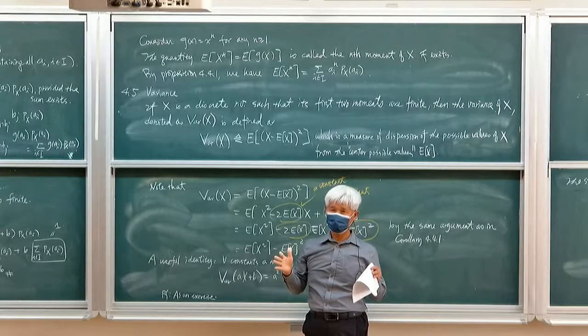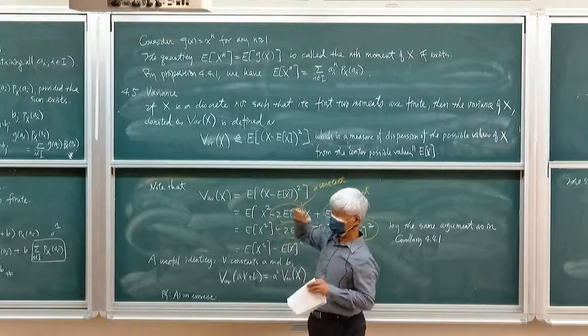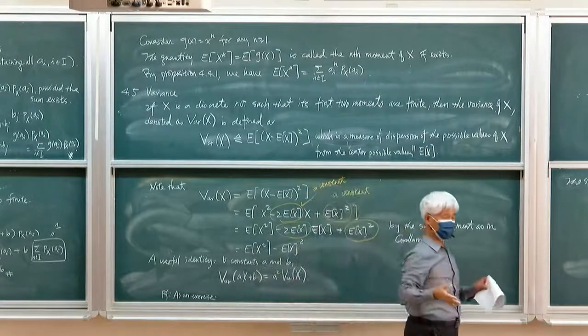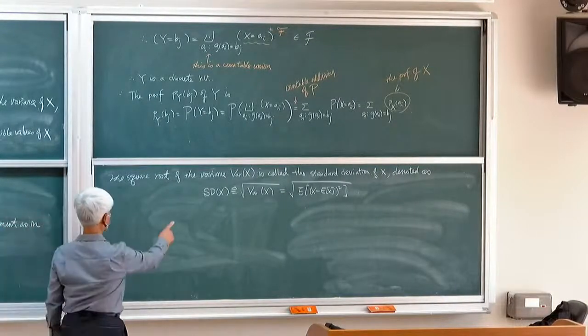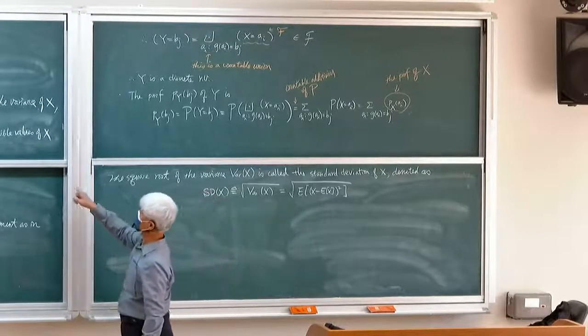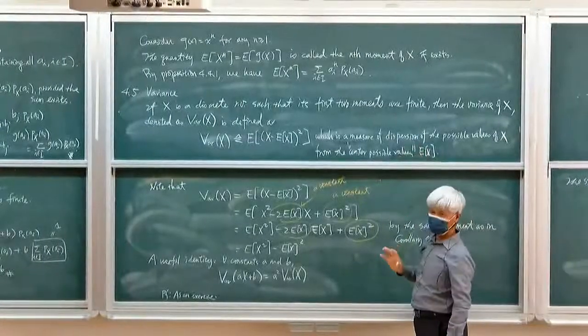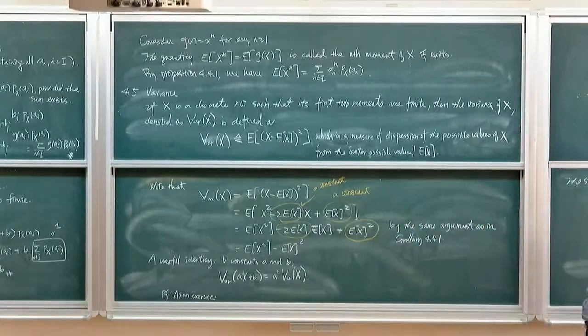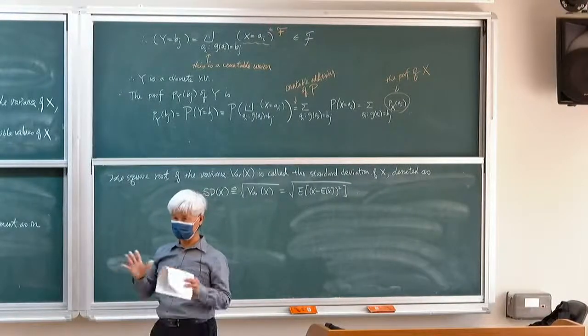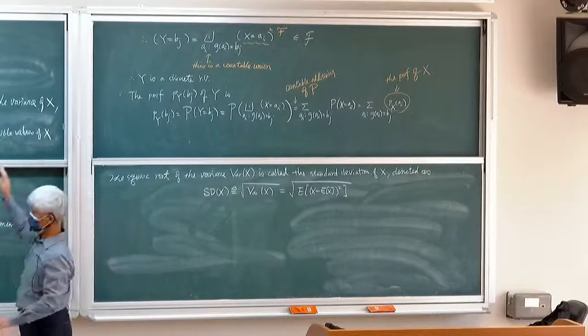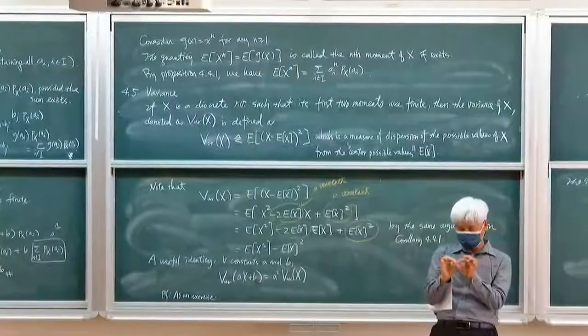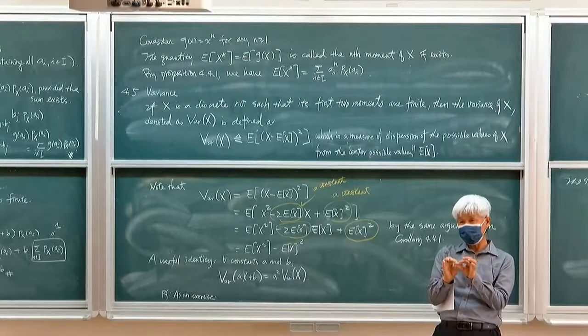So if we take the square root, then the dimension goes back to distance. Okay? So the meaning of the standard deviation is the same. It describes a measure of the dispersion of the possible values of x from the center possible value E of x. If all possible values are concentrated together, then the dispersion will be very small, and so the standard deviation will be small.